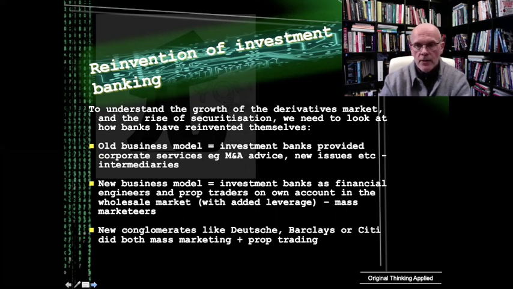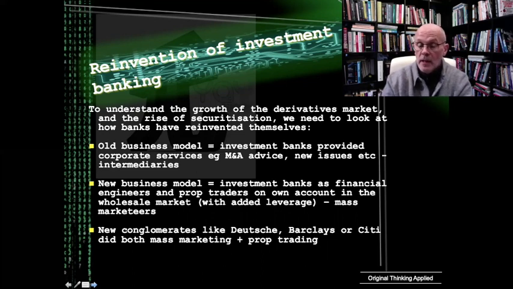Regulation from the 1930s had stopped investment bankers working alongside high street bankers and had imposed upon them this intermediary model. However, more latterly, investment banks become financial engineers and proprietary traders on their own account.